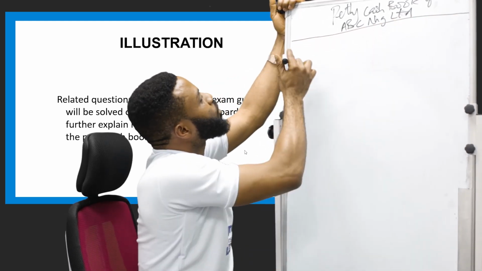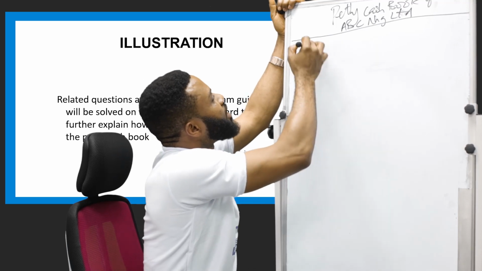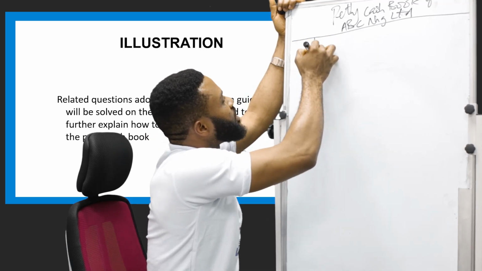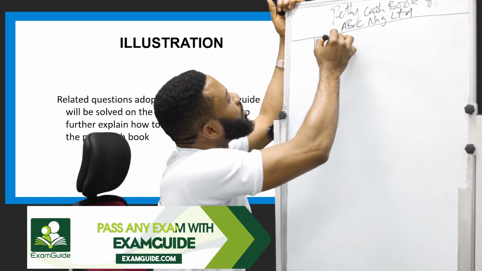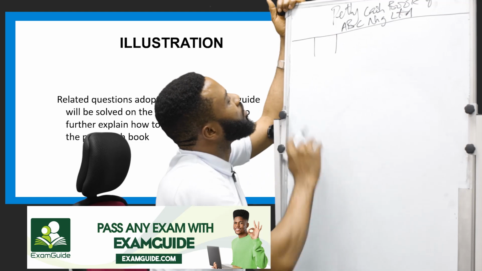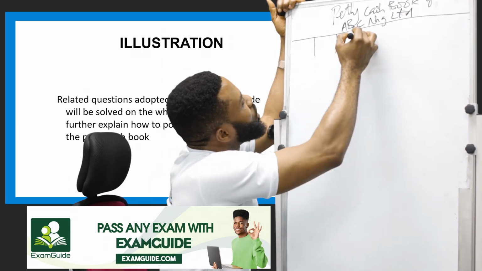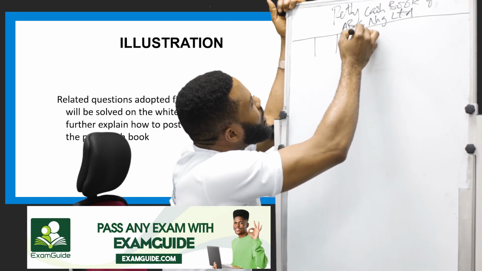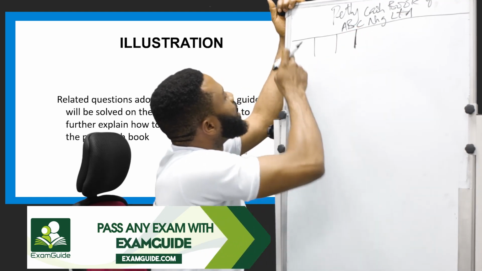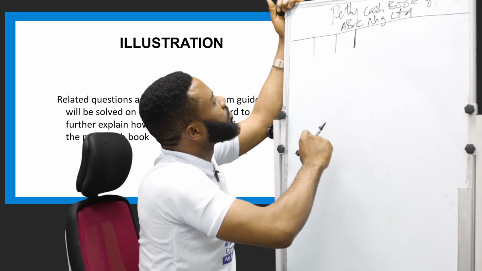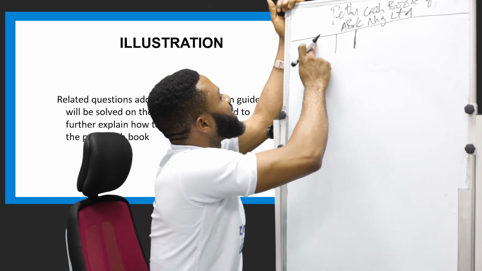Now, the first column you have here is the receipts. You have the receipt column, you have the voucher number, you have the total column here. Okay, or let's start with date.